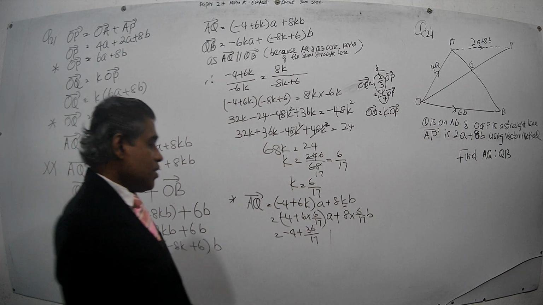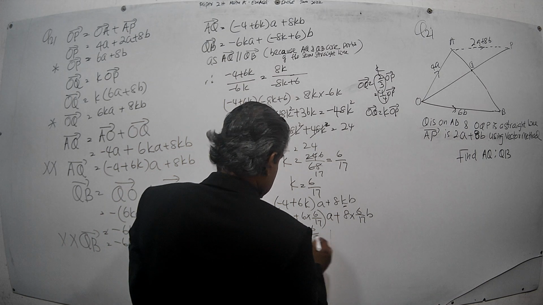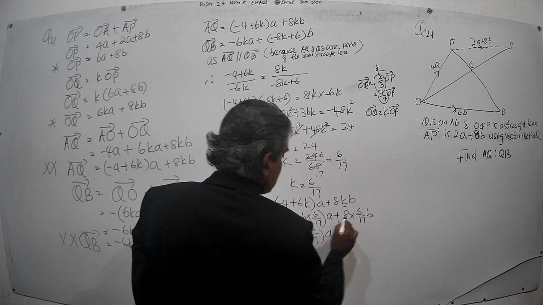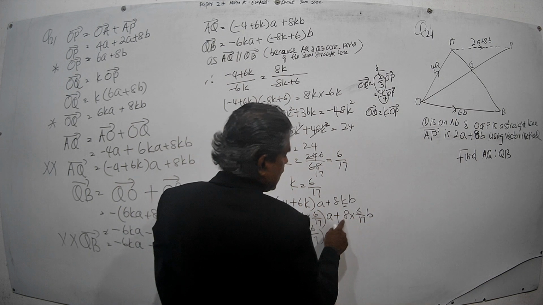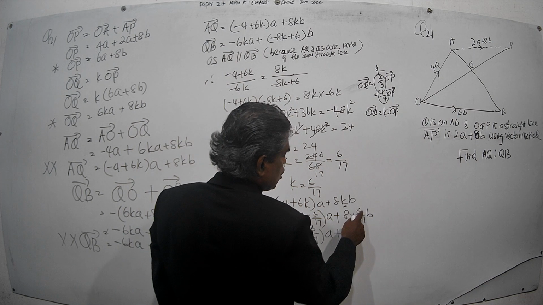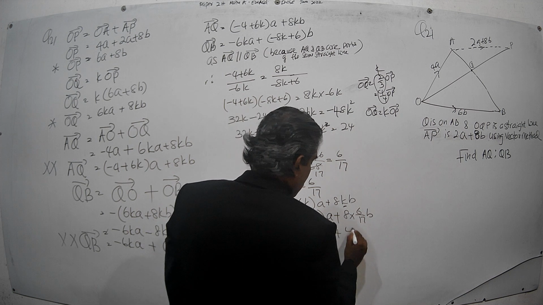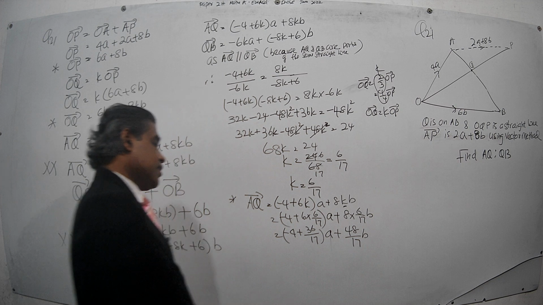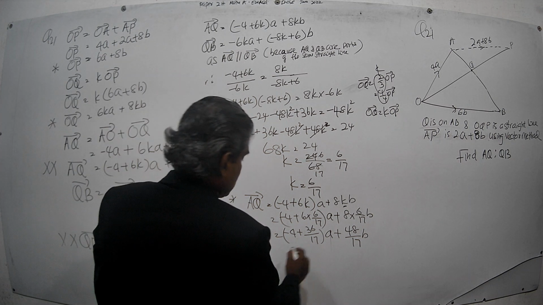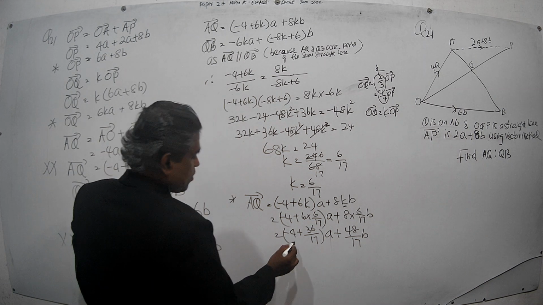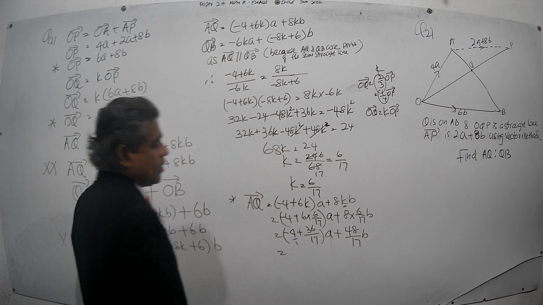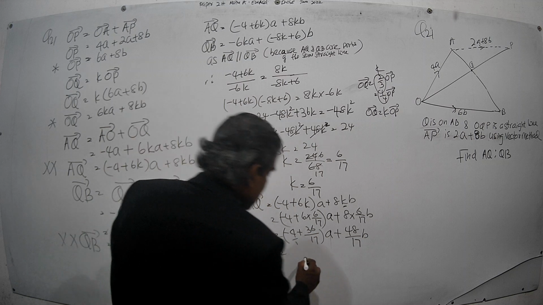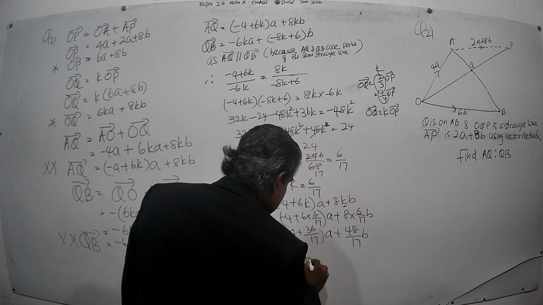Now plus this one, we can't cancel 8 and 17, therefore multiply the numerators. 8 into 6 how much? 48 over 17. Right. Now you simplify this one here. You consider this as a fraction, put denominator 1. Then the common denominator for these two is 17.